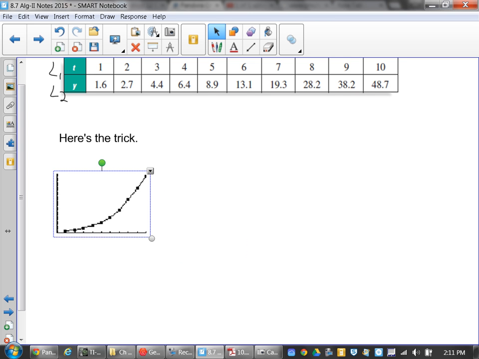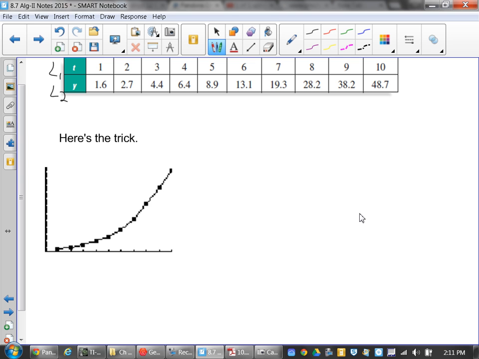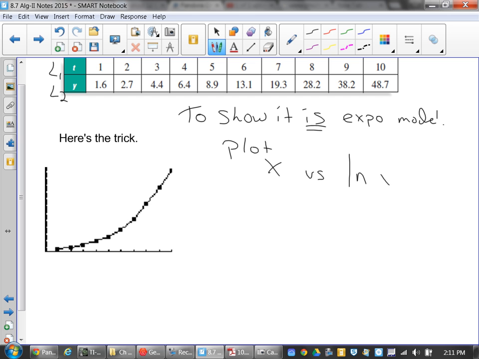In order to prove that it is exponential, there's one thing you do. To show it is an exponential model, you want to plot x versus the natural log of y. If the graph of x versus the natural log of y is somewhat linear-ish, then it's exponential.